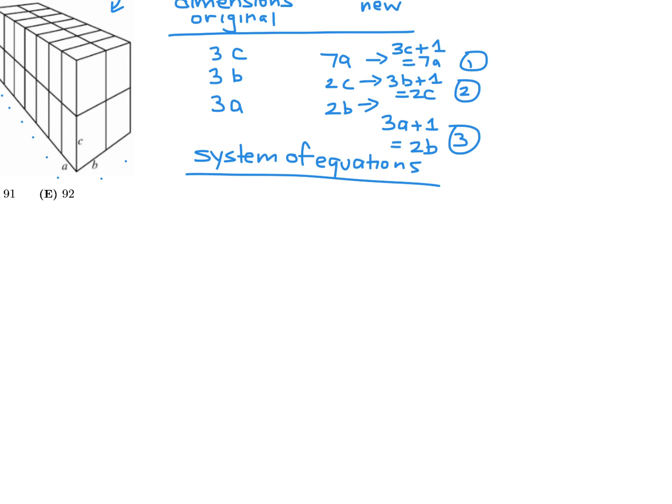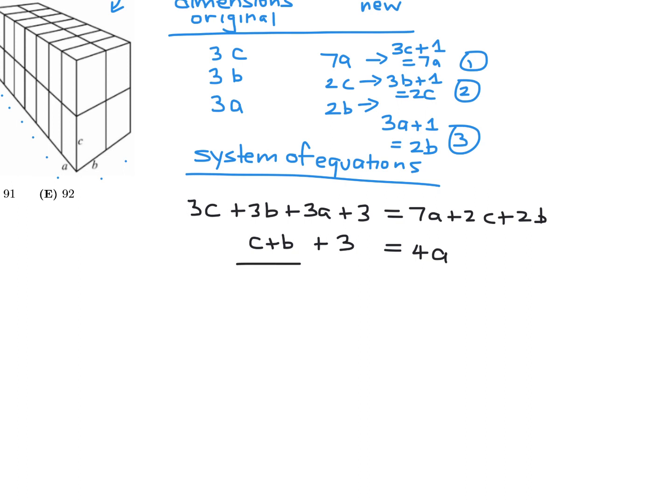Let's add them all. If I add them all, it would be 3c plus 3b plus 3a plus 3 equal to 7a plus 2c plus 2b, and therefore 4a would be equal to c plus b plus 3. I'm not sure if that helps in any way, but that's the first thing I thought of.